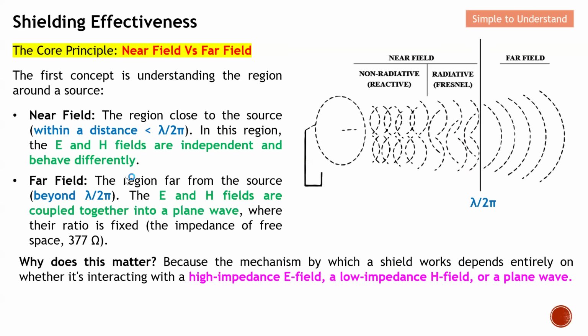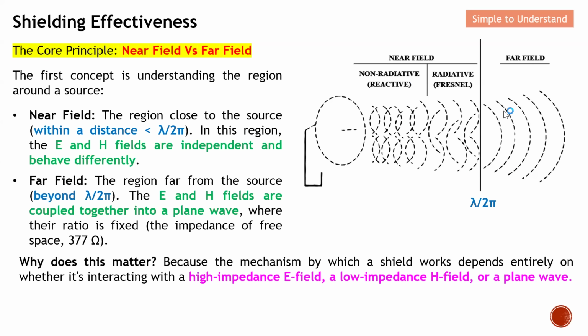Before we talk about the shielding effectiveness, we need to know whether it is considered near field or far field. What is near field and far field? This can be explained in this diagram over here. Anything less than lambda over 2 pi, this is what we call near field. Anything more than lambda over 2 pi, this is what we call far field.